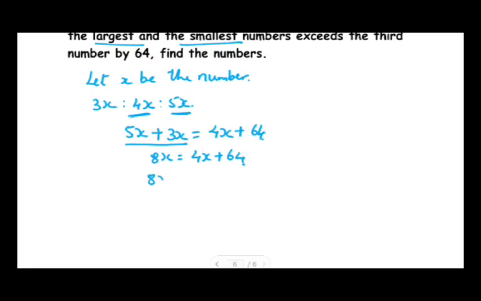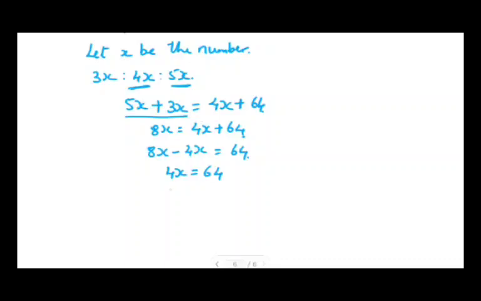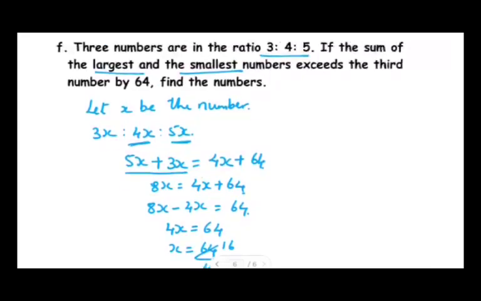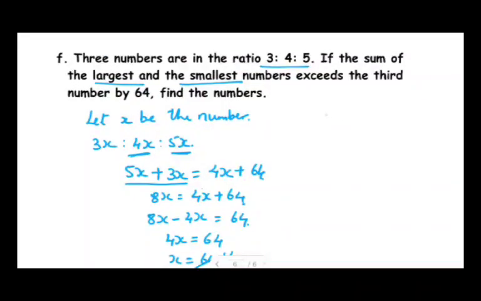4x changes sides, becomes minus 4x is equal to 64. 4x is equal to 64. Value of x, 64 upon 4. 4 1s are 4, 4 6s are 24, so x is 16.